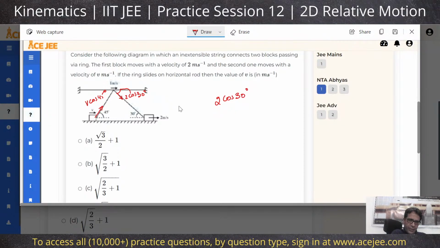So 2 cos 30 minus 1 cos 30 is equal to V cos 45 minus 1 cos 45, because 1 meter per second will also have a component in the direction of the V cos 45. Yes, so then I found out V. So is this the correct approach? We'll talk about it in just a moment, beta.